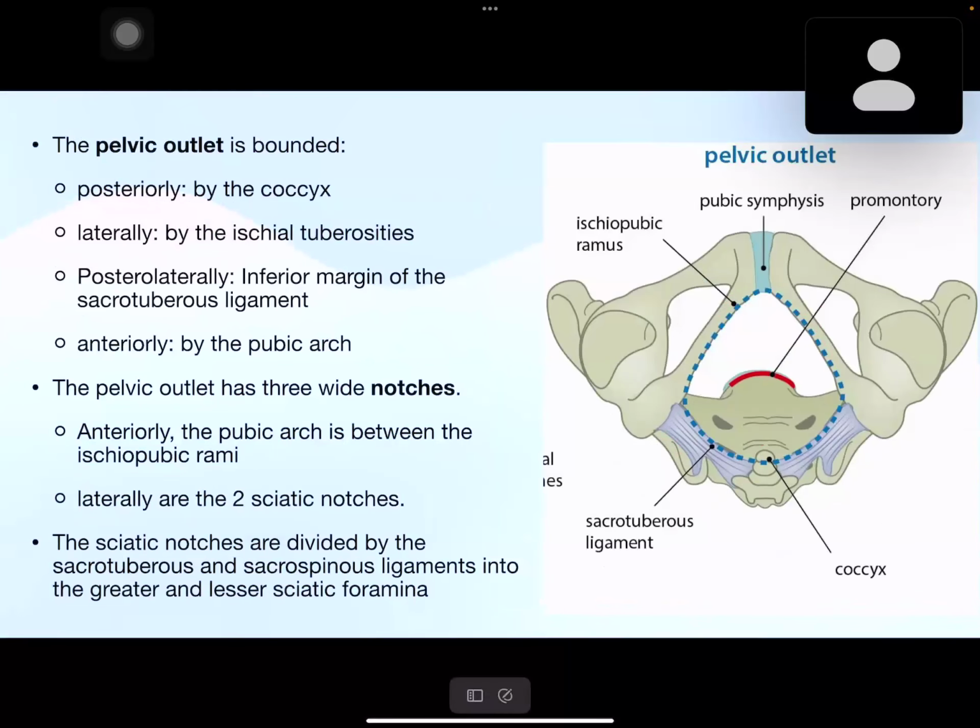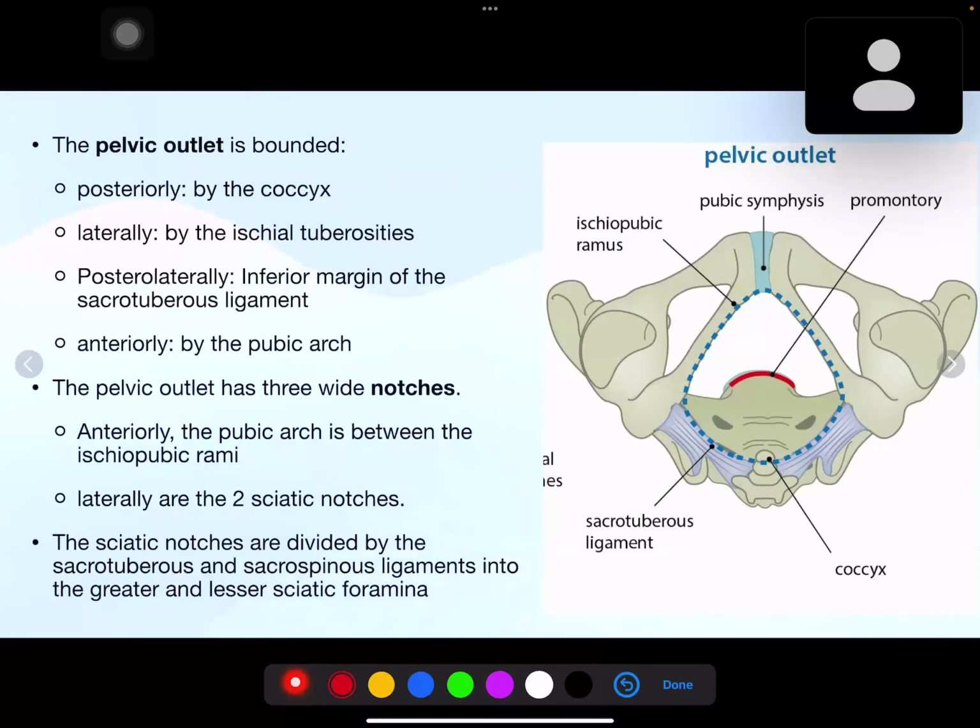Now, what is the pelvic outlet? If you see from below, this figure is from below. These blue dotted lines form the pelvic outlet. It is a little bit diamond shaped. So how is it formed? Posteriorly, what's this point? It's the coccyx. So posteriorly would be the coccyx.